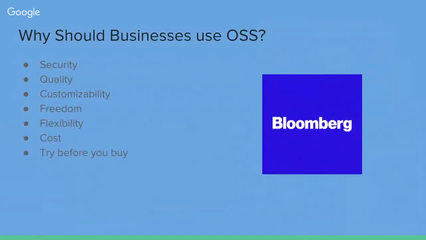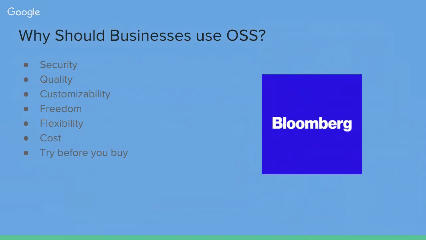So why should businesses use open source software? Well, a couple things: increased security, better quality. The customizability is a huge thing because every company is different, so you can tailor your software around your needs. Freedom. With customizability, you're now allowed to make any changes that you may need.